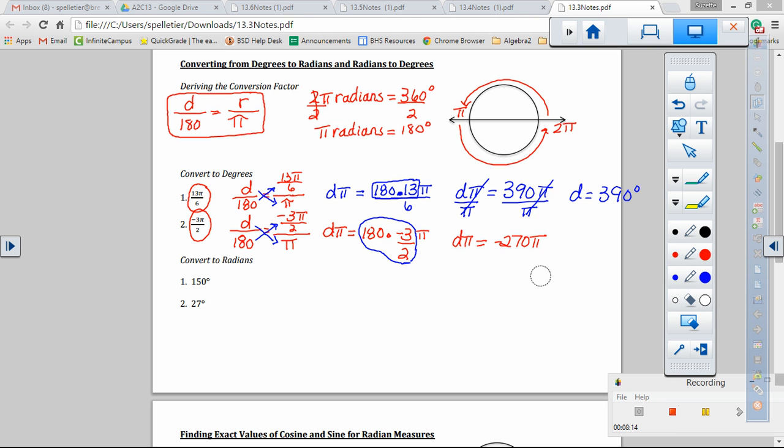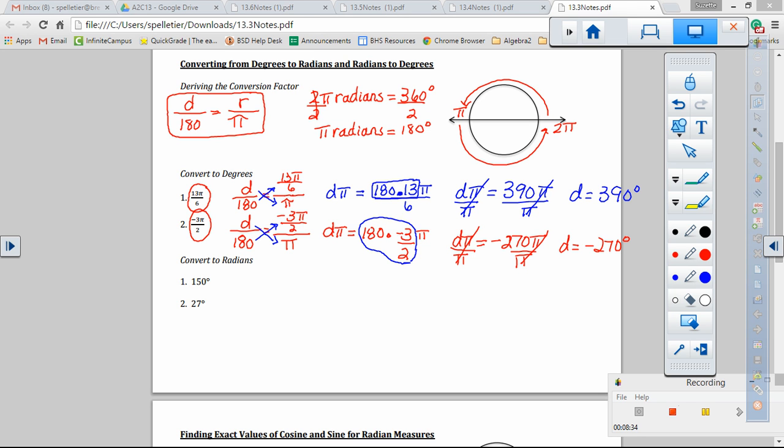Then divide both sides by pi. The pi's will cancel. D equals negative 270 degrees. So 270 degrees in the clockwise direction.